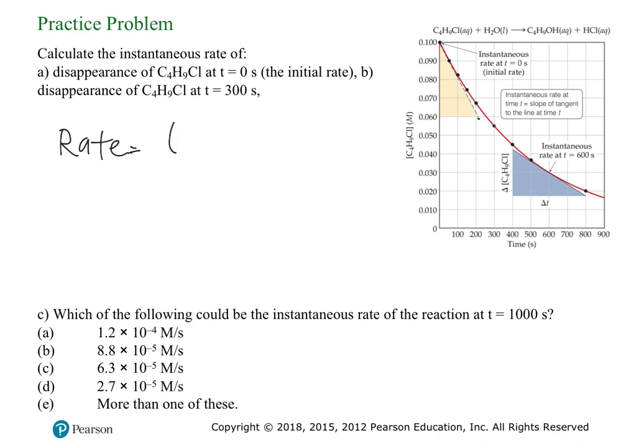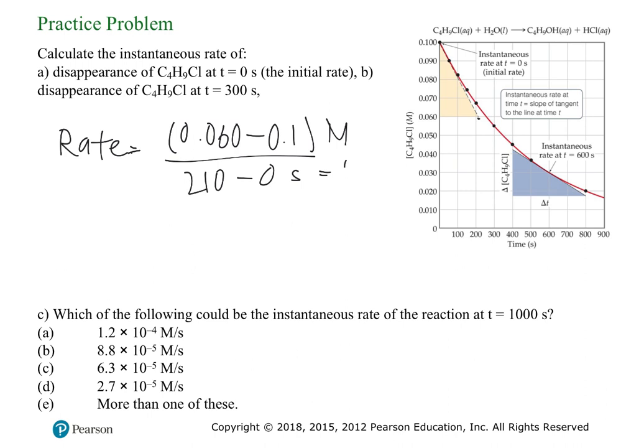So we'll say 0.060 minus 0.1 molar over 210 minus 0 seconds. And what we get is 1.9 times 10 to the negative 4 molar per second. Now, if you didn't get exactly that, maybe you used this point up here, or you found a different point that you like, that's fine. It should be pretty close though.